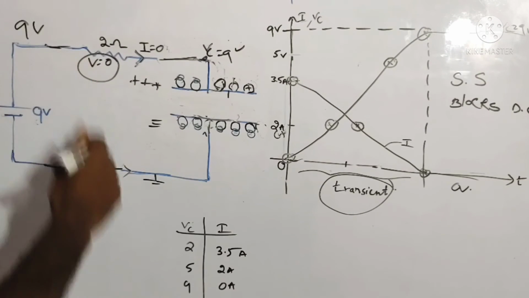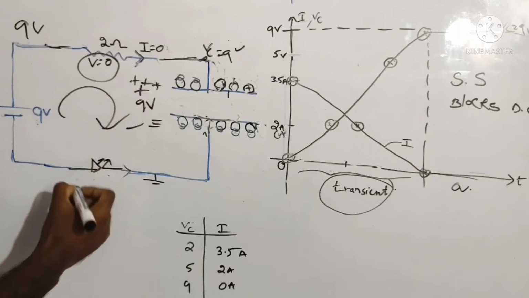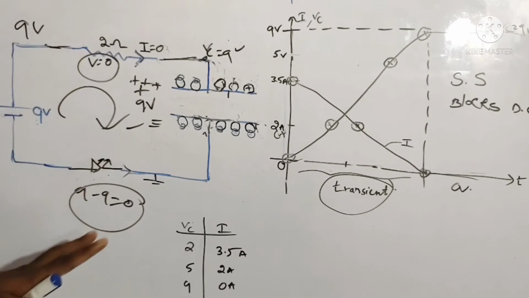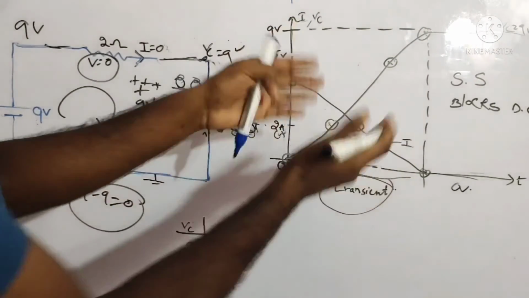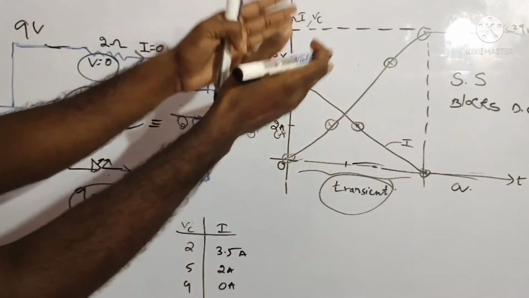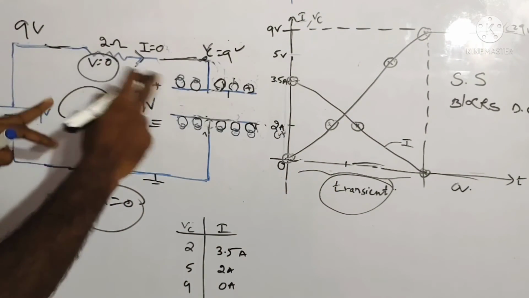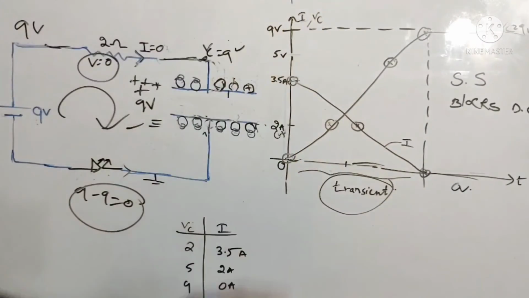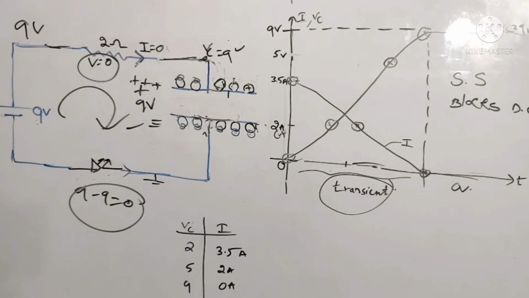Even so, you can apply KVL: 9 minus 9 is equal to 0. KVL always satisfies at any point of time. If you freeze that time and observe the voltages across the resistor and the capacitor, you will find KVL always satisfies. I hope you are clear about this.